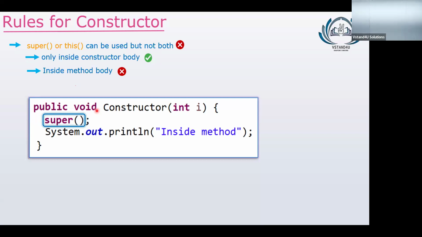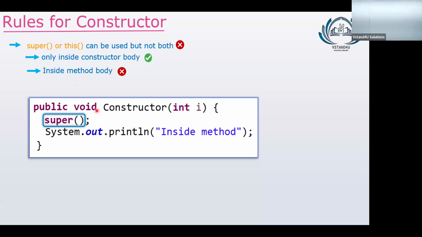Inside the method body, can I write any constructor call as the first line? I'm asking, at least at the first line, can I call a constructor? I repeat the question: being within the method body, can I call any constructor as the first statement?